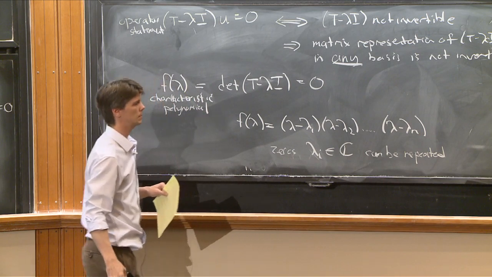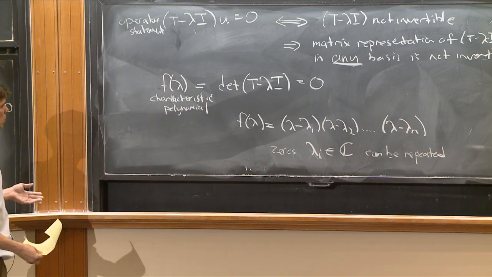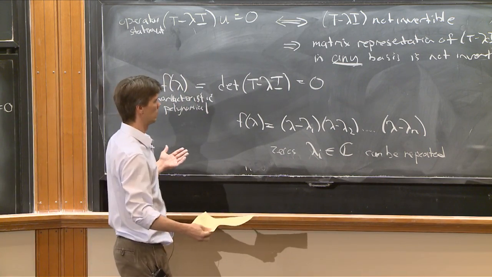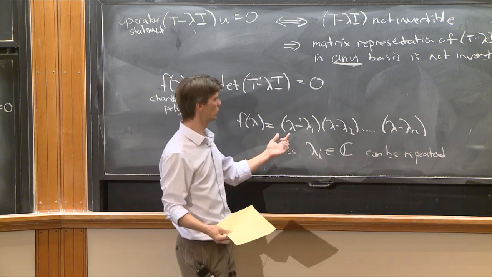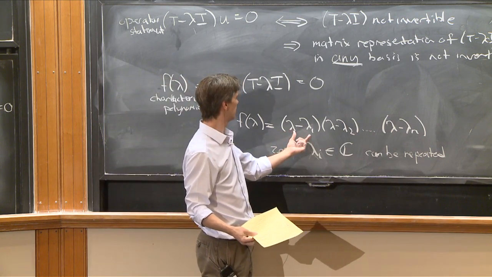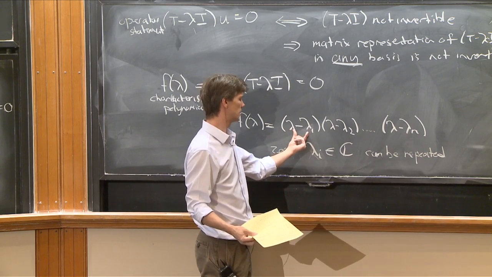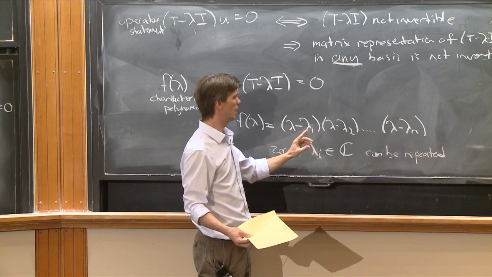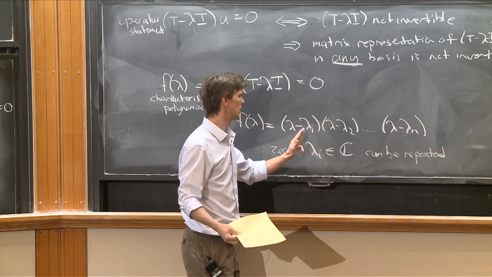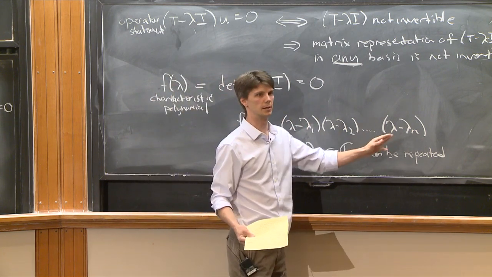Right? Now, what can happen is that you have, well, in the worst case, I don't know if it's the worst case, but in one case, you could have all of the zeros, sorry, being at the same place, right? And you could have an eigenvalue that is n-fold degenerate here, right?